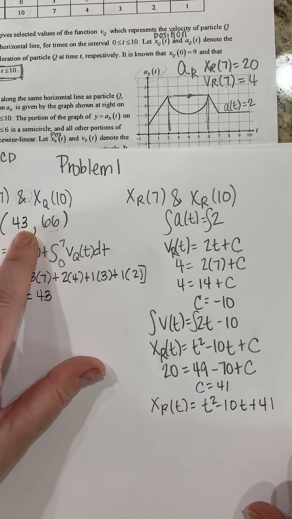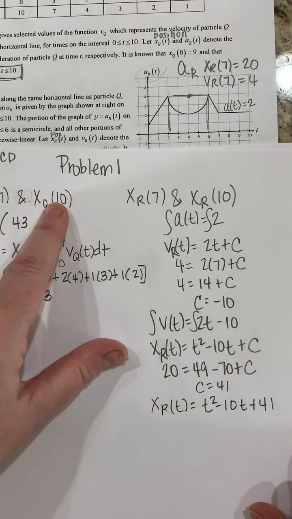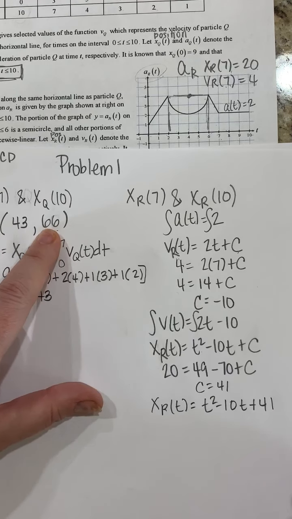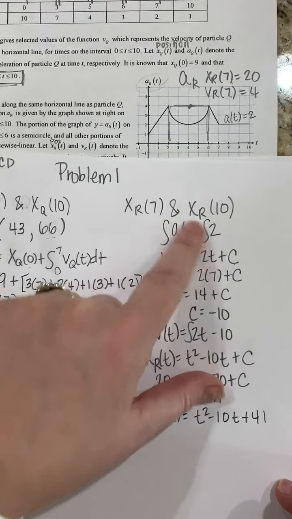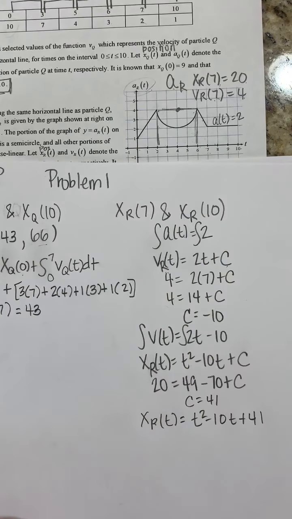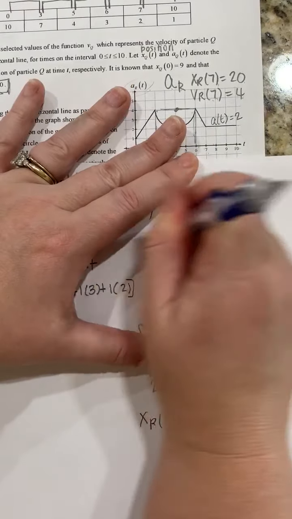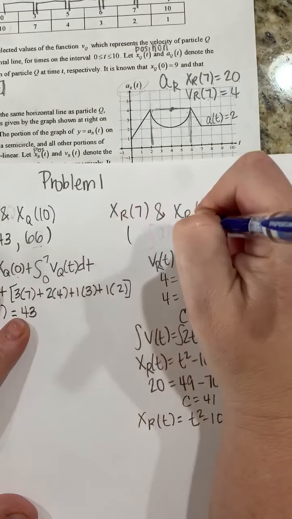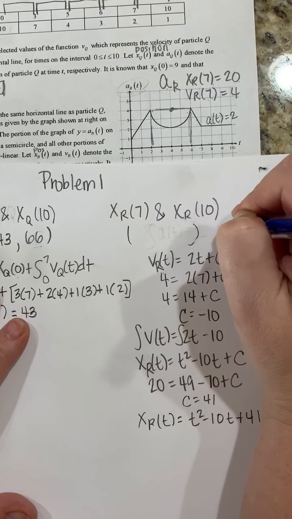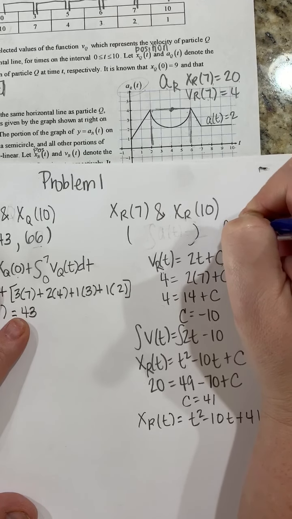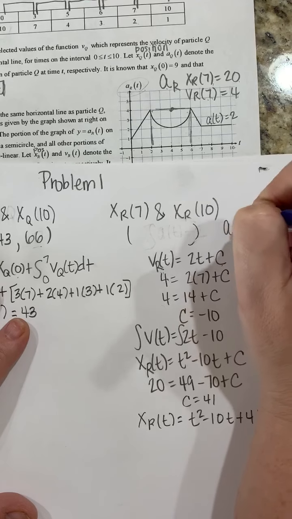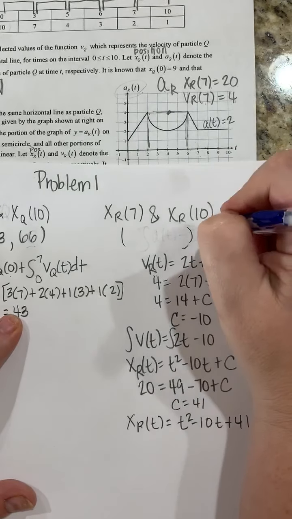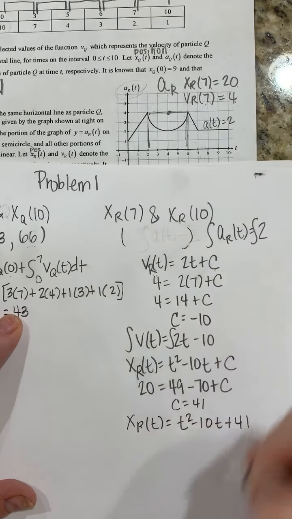So here I knew my position at 7 was 43 and my position at 10 was 66. So can I find my position here and here? So I'm going to put aR of t was equal to 2. So I integrated.